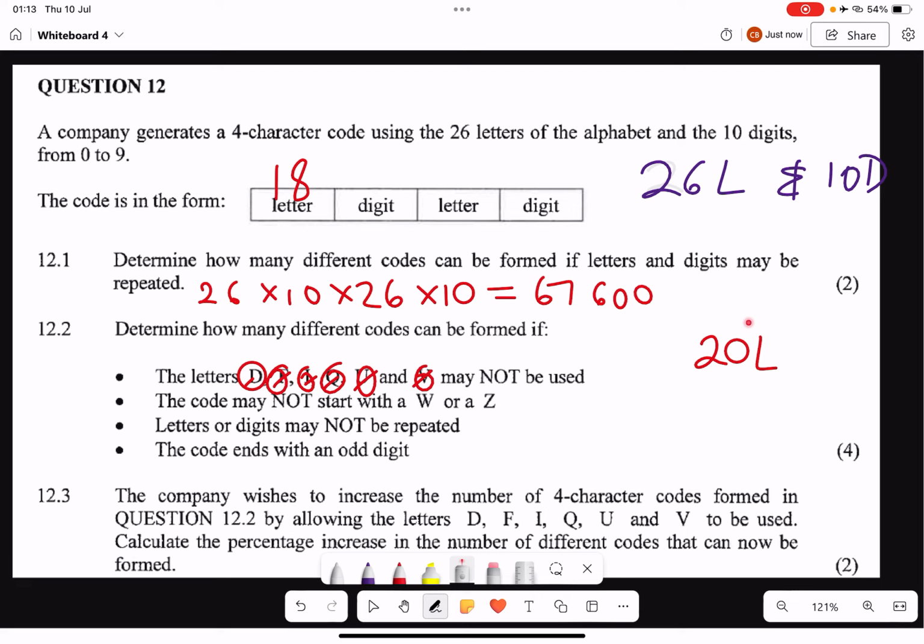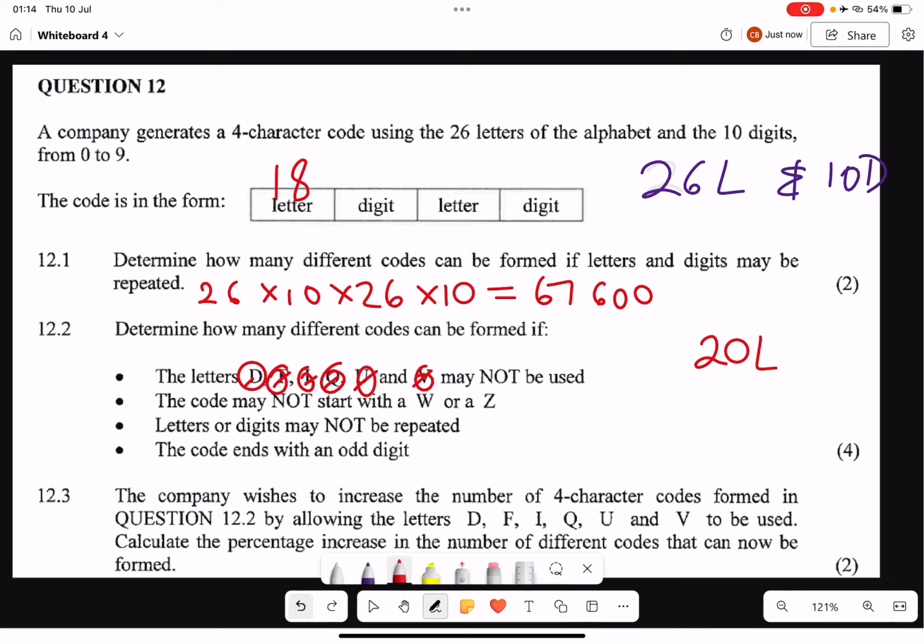And then they say the letters or the digits may not be repeated. So we cannot repeat. Let's deal with the letters. We can now take back those W and Z. But because we already used one option here, we are going to be left with 19.